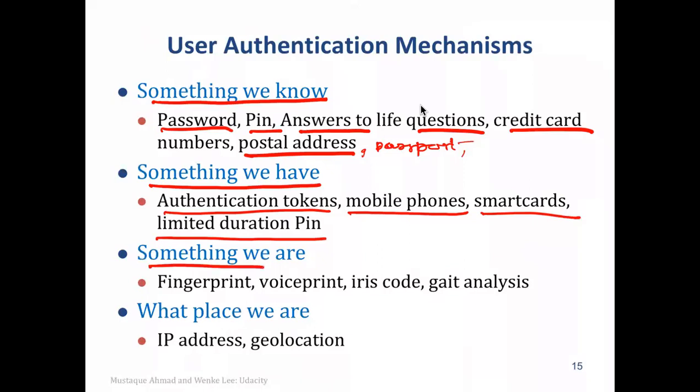And then something we as an individual are, for example fingerprints, voice print, iris code. I don't know what gait analysis is, but something like that. And then the place we are, say IP address and geolocation.